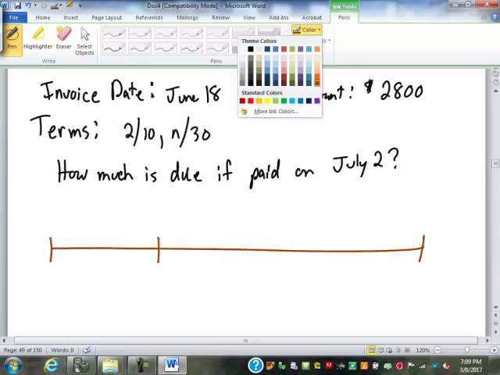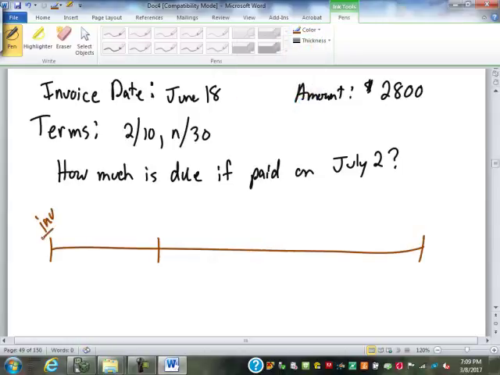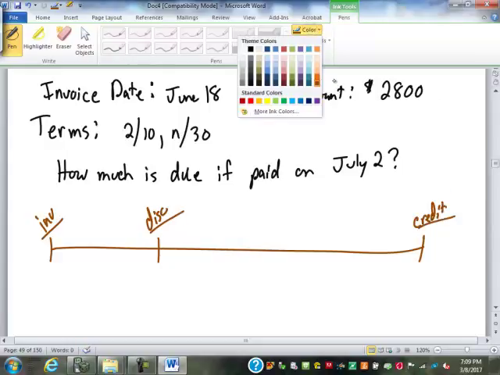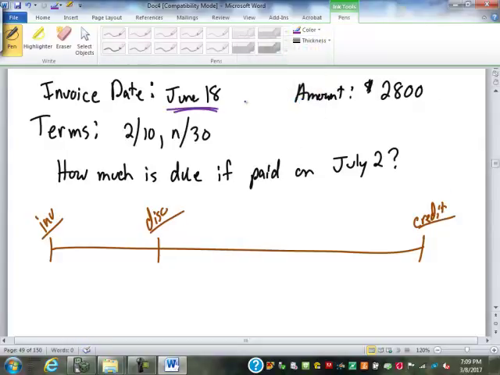So let's get used to our timeline here: invoice date, end of the discount, end of the credit. Are there any modifiers to that June 18th invoice date? No, that is June 18th. So the end of our discount period is going to be June 28th. The end of our credit period, July 18th.